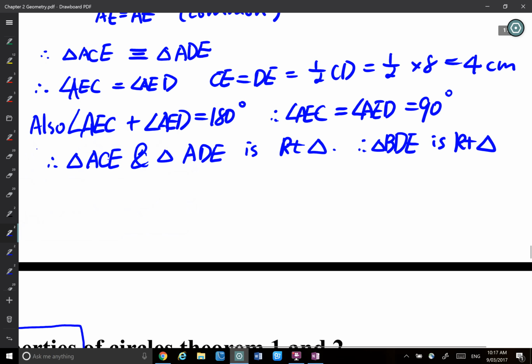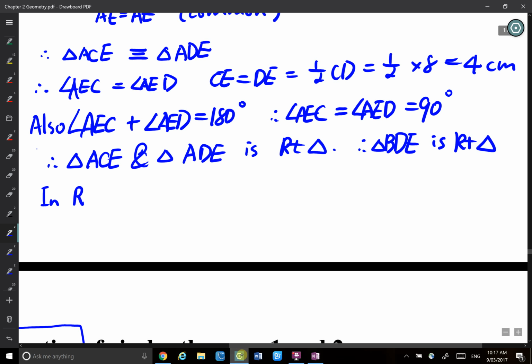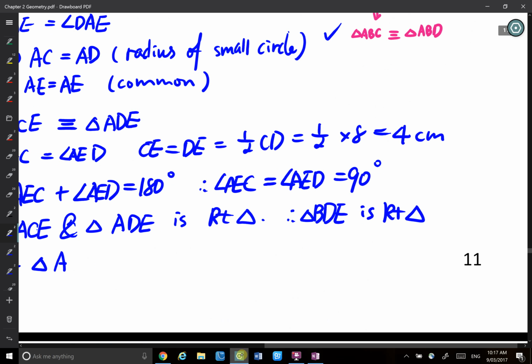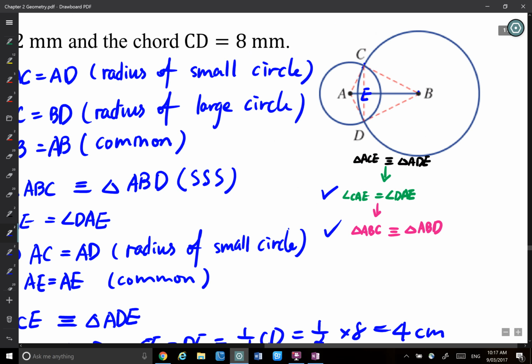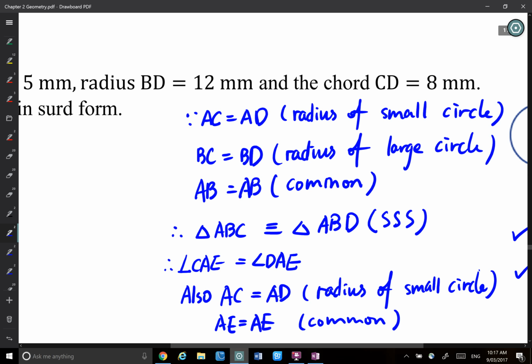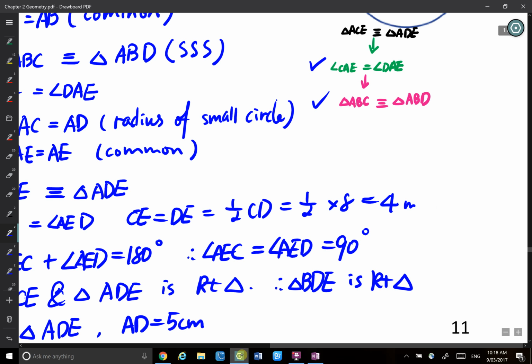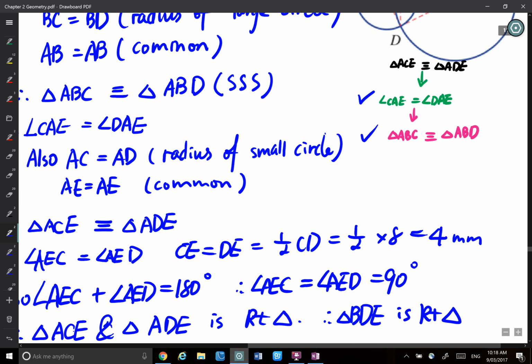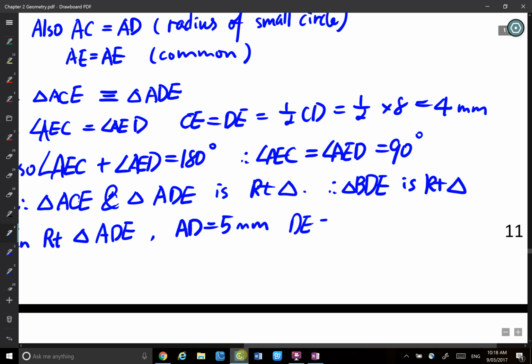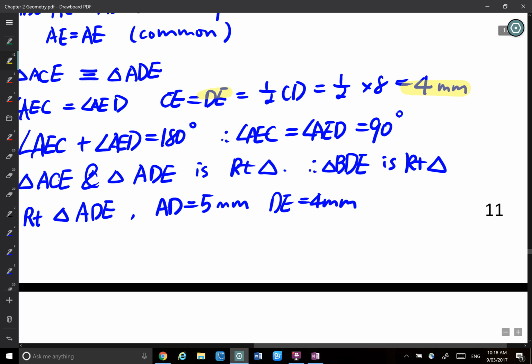Now, let's say in right angle triangle ADE, AD equals 5 millimeters. It's given. Sorry, 5 millimeters, not centimeters. And DE equals 4 millimeters, which we have worked out.